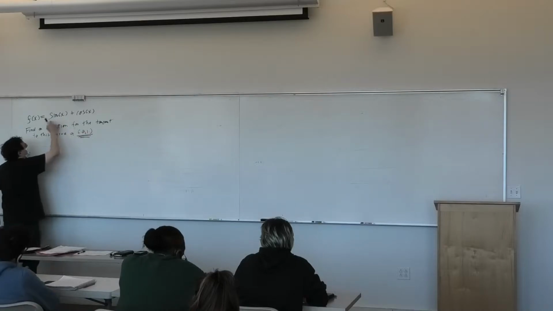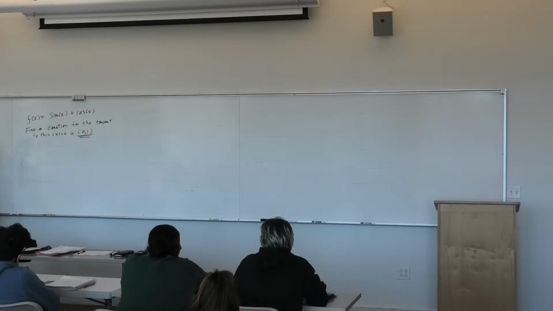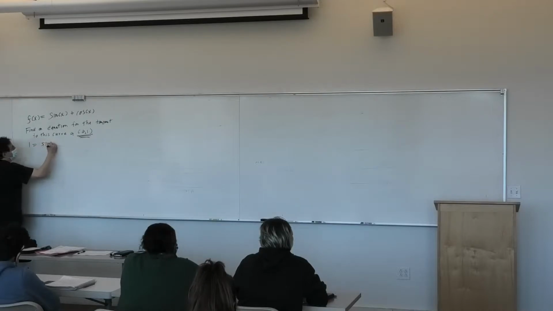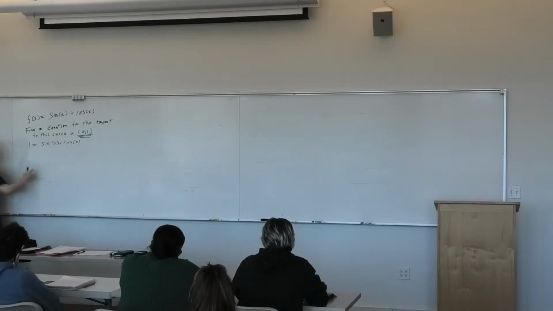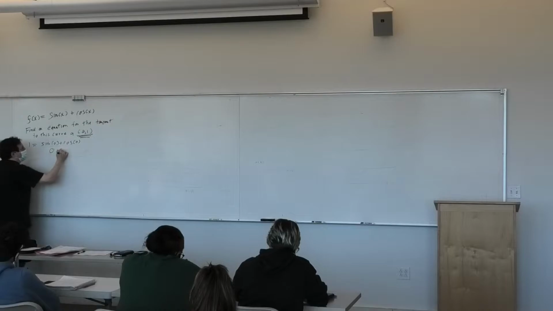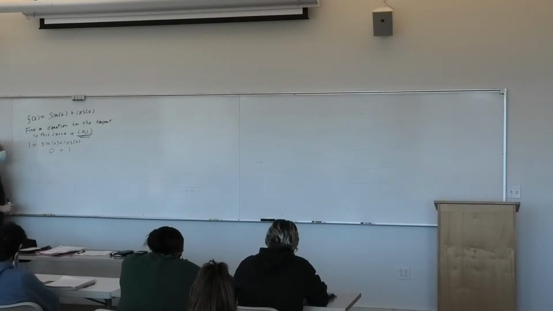Is this point actually on the curve? So what we want to know is if 1 equals sine of 0 plus cosine of 0. Sine of 0 is 0, cosine of 0 is 1. Okay. Because if it's not, you can't really answer the question properly.